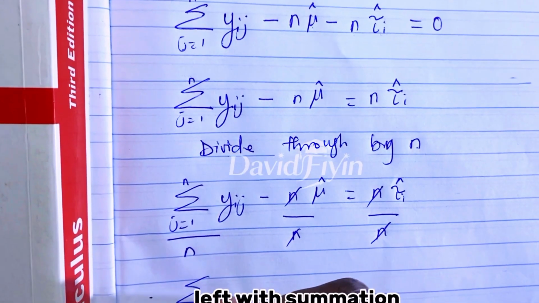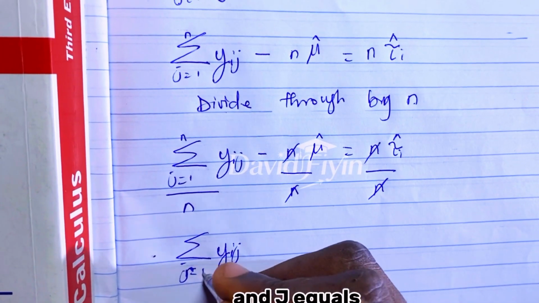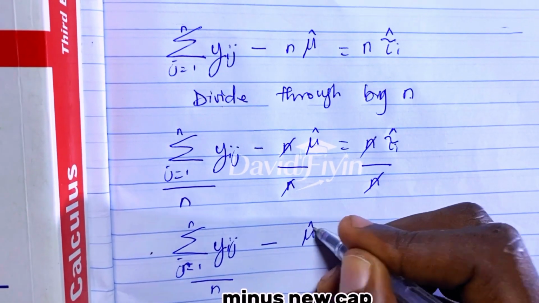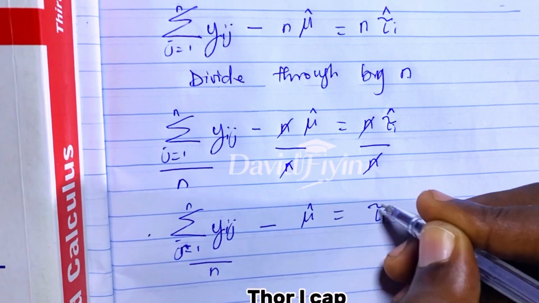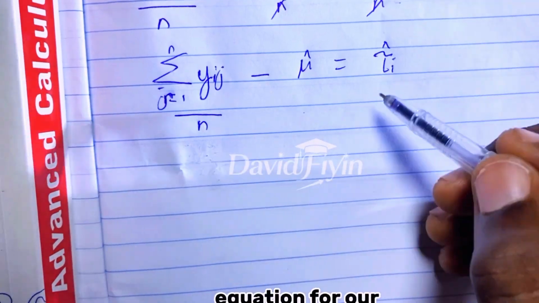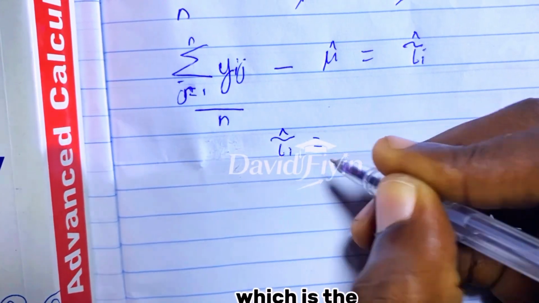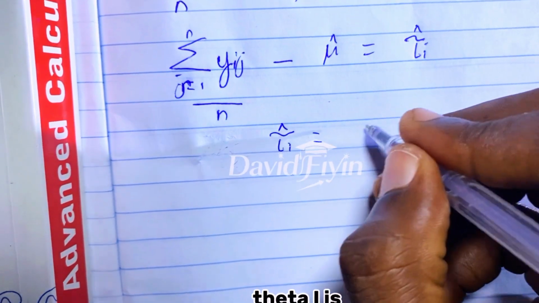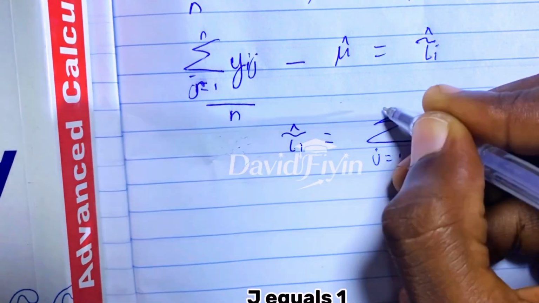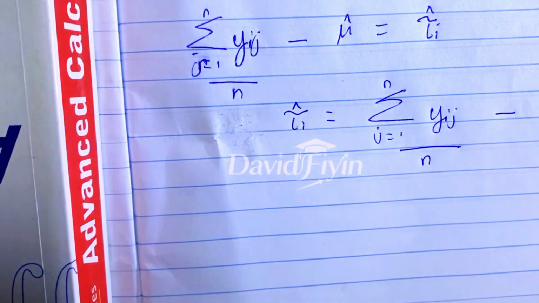We are left with the summation of Yij, j equals 1 to n, all over n, minus mu cap, equals tau i cap. From this equation, we have finally been able to derive an equation for our tau i. So tau i cap, the estimated parameter tau i, equals the summation of Yij, j equals 1 to n, all over n, minus mu.